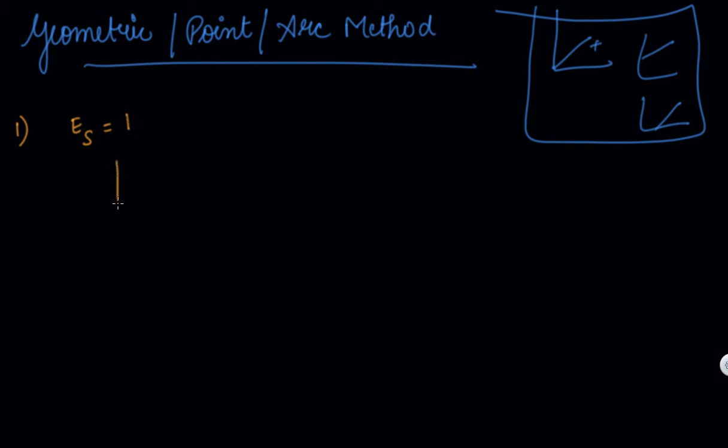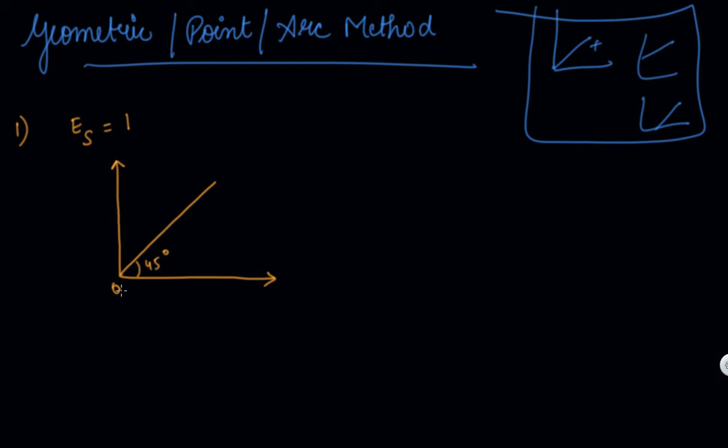This is a situation when your supply curve is a straight line starting from the origin. It makes a 45-degree angle.